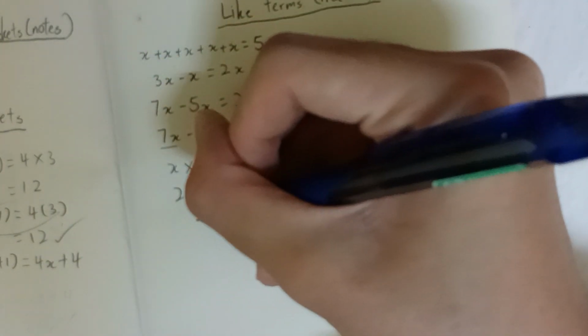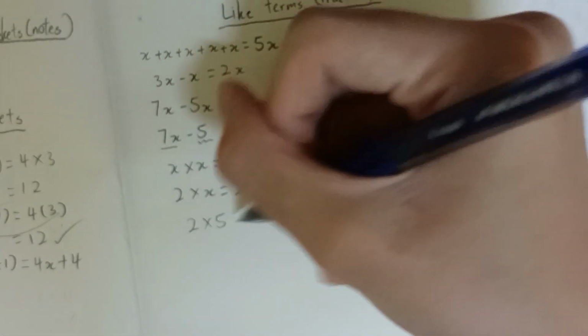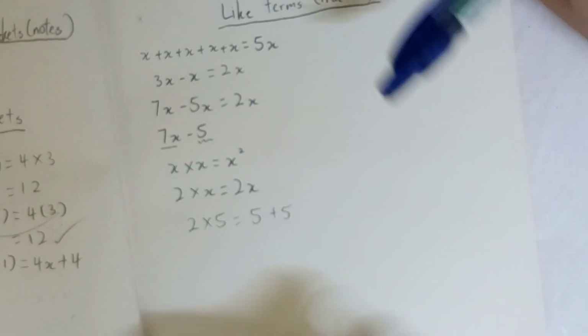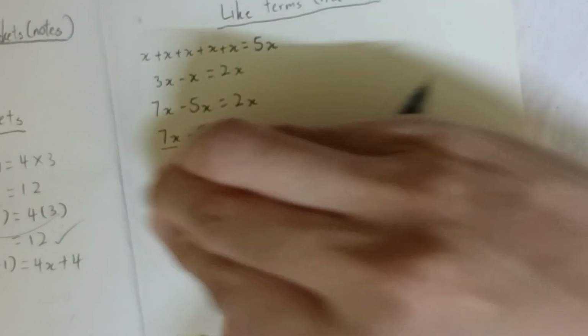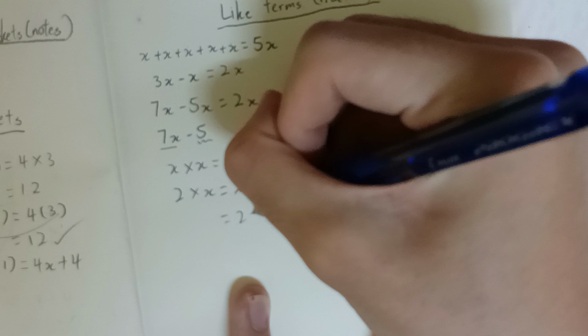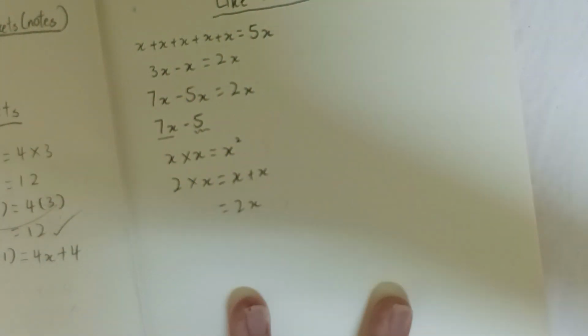If you remember what multiplication is, let's say I have 2 multiplied by 5. What I'm saying is I want 5 2 times. So here, 5 plus 5. In this case, 2 times x is x plus x, which is 2x. You see, I have two x's.